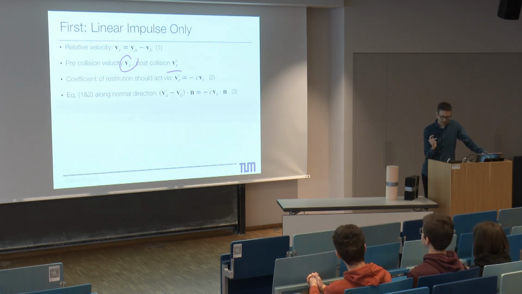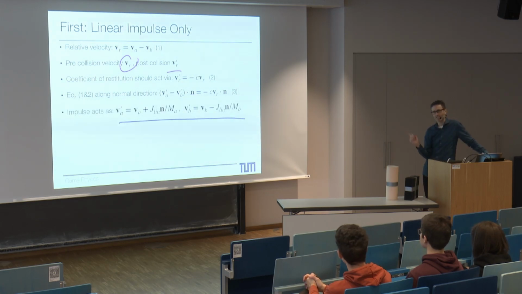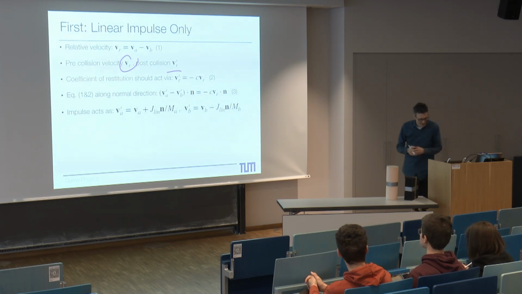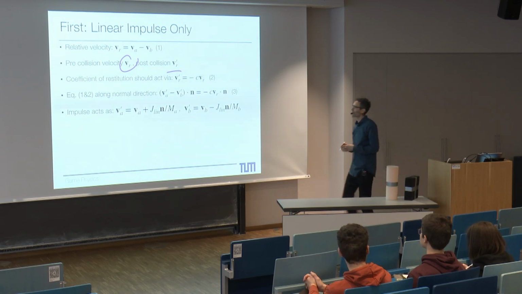All right. So this is now an important starting point, this equation here, because basically if we take this one and how the impulse acts, this is exactly the equation I had on the slides just now, right? Plus minus j for the two bodies. This is basically all that's necessary, and that gives us the other equation.